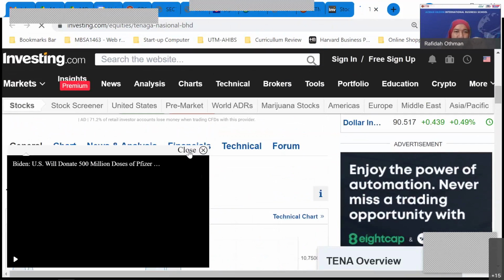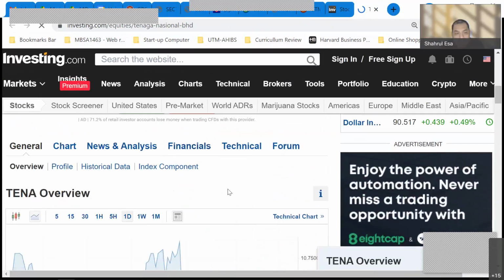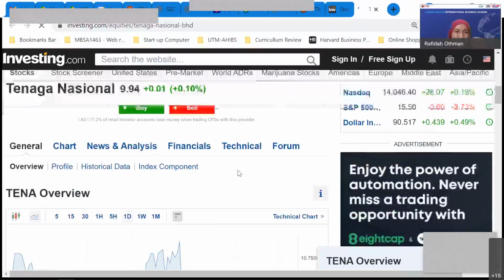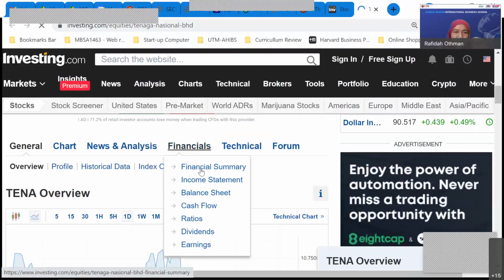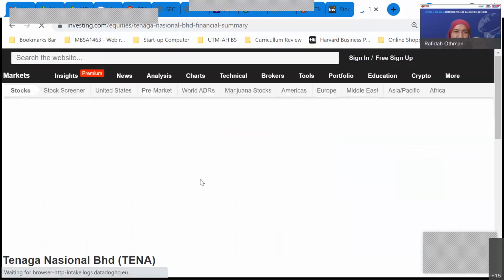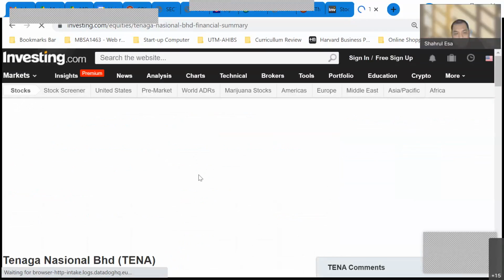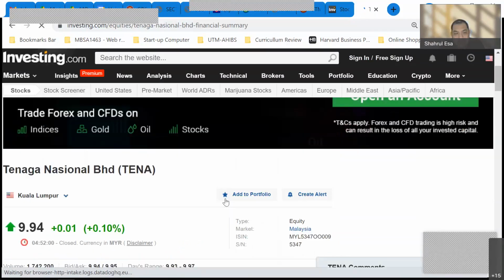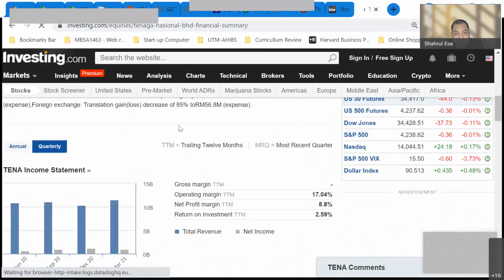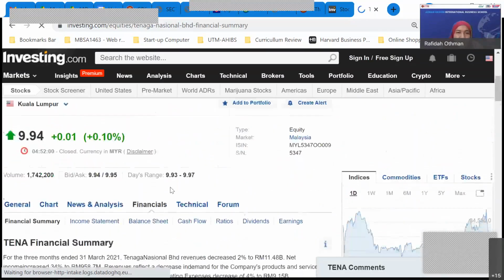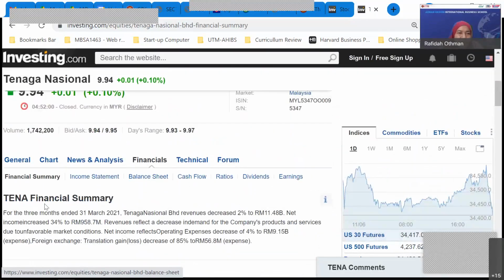Oh my God, I need to subscribe, but I don't subscribe. Okay, financial summary. So this is the income statement. Okay, this is the financial statement here.